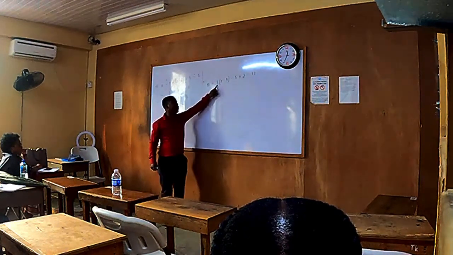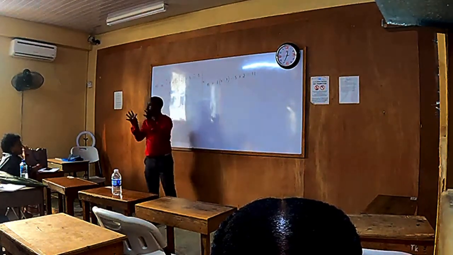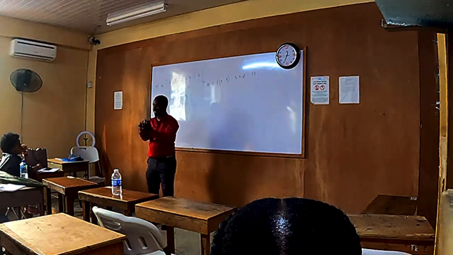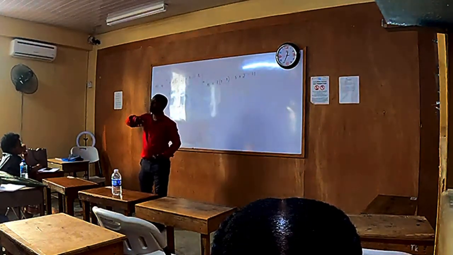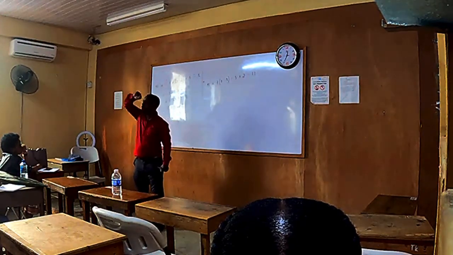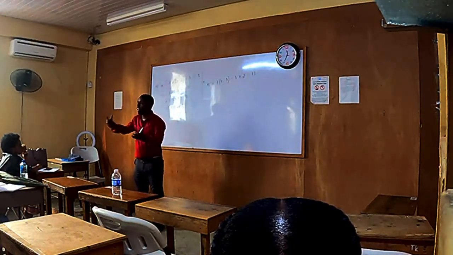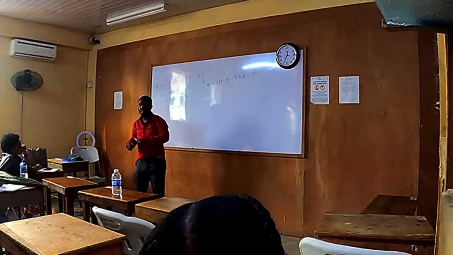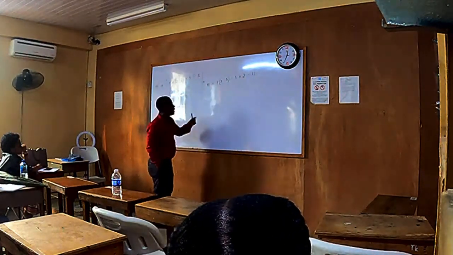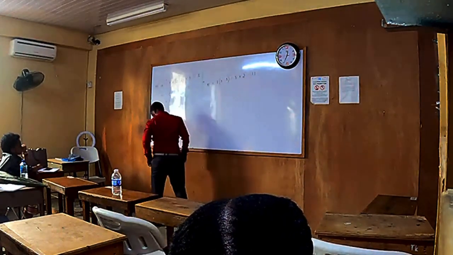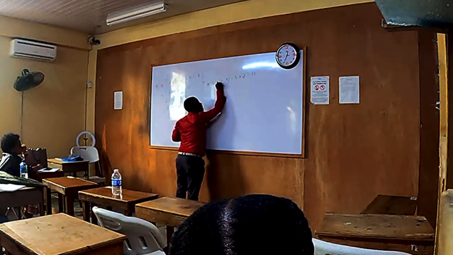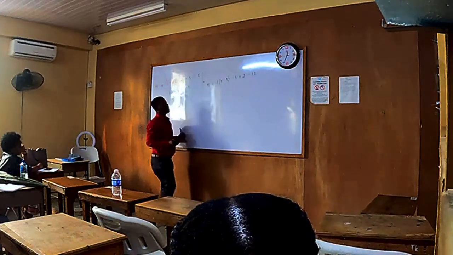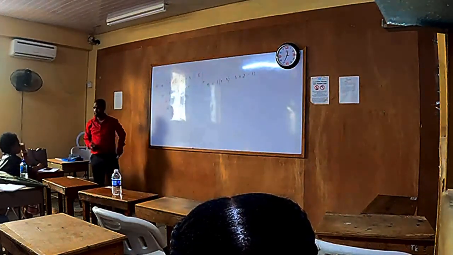So when you have a number that immediately precedes the bracket, then that number outside should be used to multiply whatever result you got for the inside. Okay? So in other words, this thing right here means multiplication. Bracket means what? Multiplication. So make sure you make a note of that.